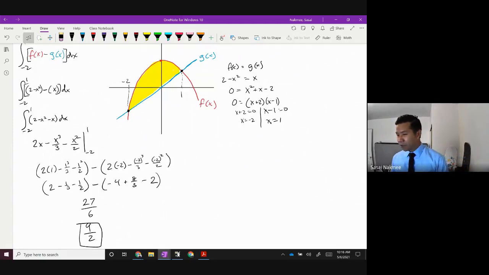Area between two curves. What do you guys think? How do you feel? You feel okay? You feel not okay? Is this a lot? Is this a little? Is this too much? Is this what the heck is going on? What do you think? It's tedious. I agree with you, Brian. It is tedious. Angela's saying, eh. Eh, like what, Angela?